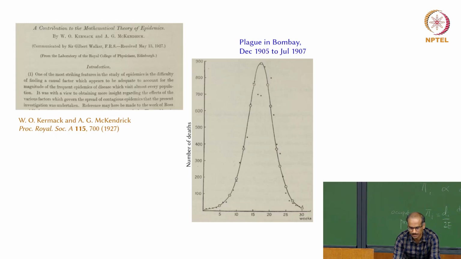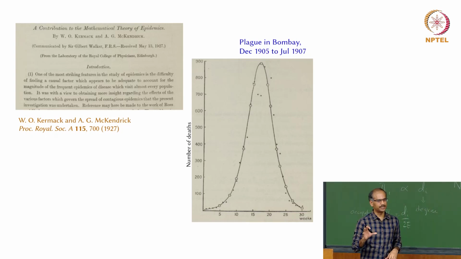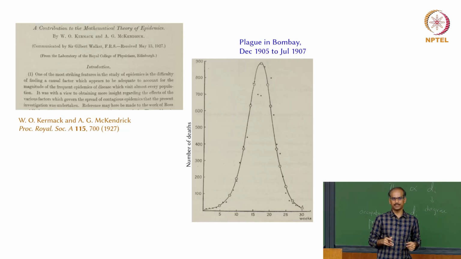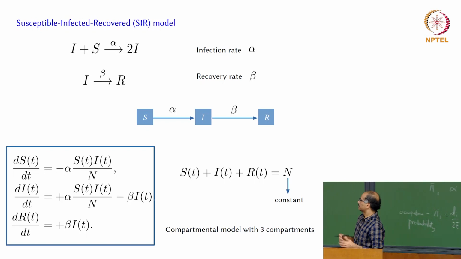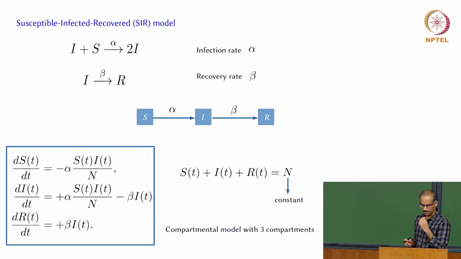So this was the first paper where they introduced this SIR model, and the data actually came from the plague, which was recorded by the sanitary inspector in office in Bombay between 1905 and 1907. Okay, this is in case you have not seen this model.